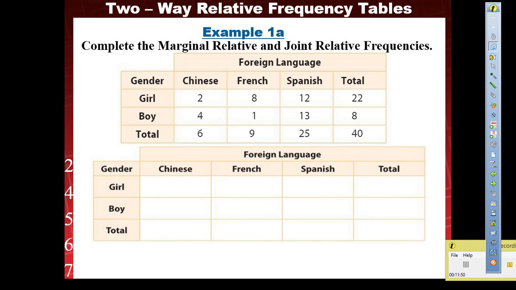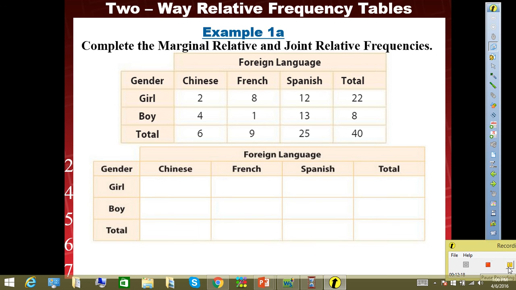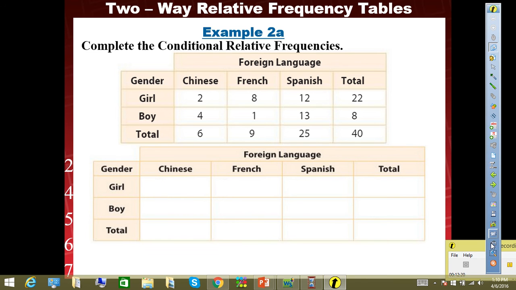Now, before you do anything, I'm going to check to see if you understand the terminology. I want you to fill this table, but only the joint relative frequencies. Go. Only the joint relative frequencies. Copy that. All right.